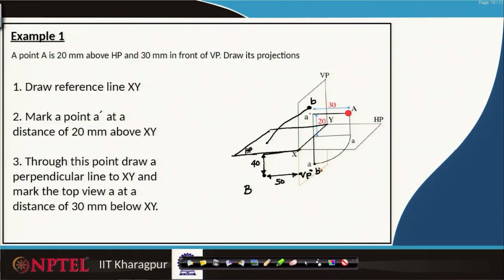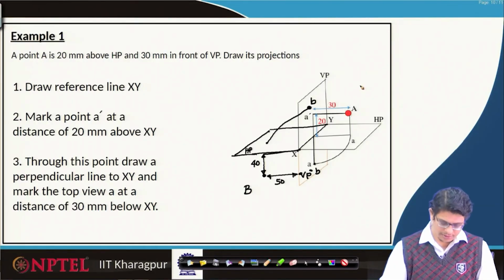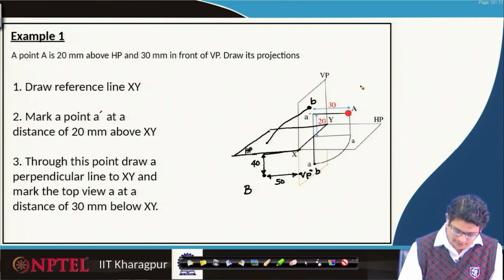So, point B is 40 mm below and 50 mm in front of the vertical plane. So, 50 mm is this one and 40 mm, 0, 10, 20, 30, 40, somewhere here. So, our point B, let us call it, is in the third quadrant there. Now, we have to project that. So, our point B comes to this location.